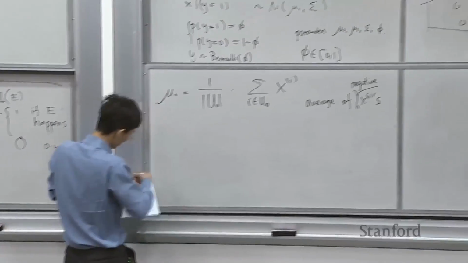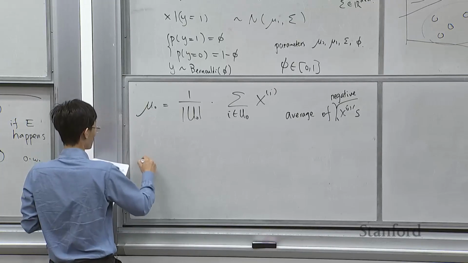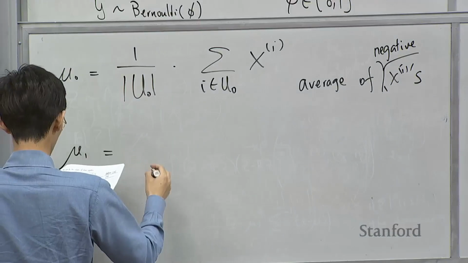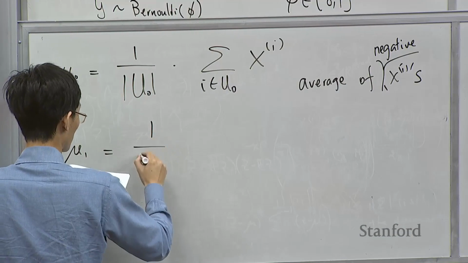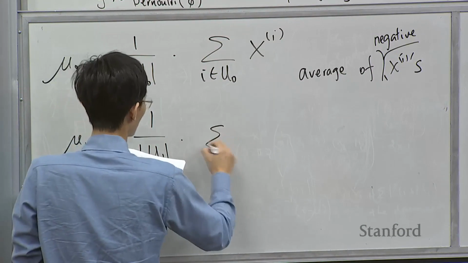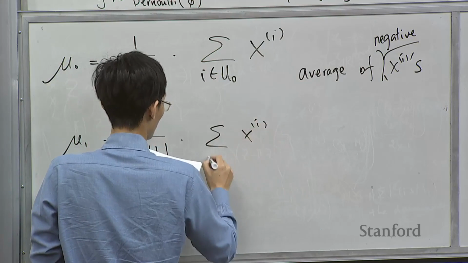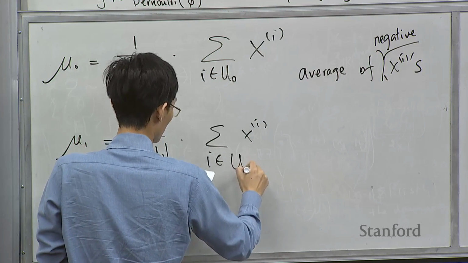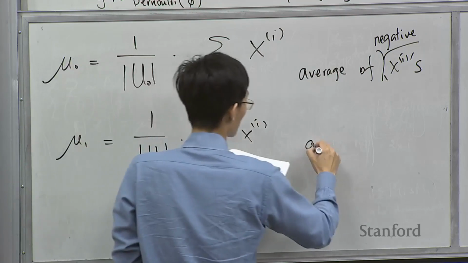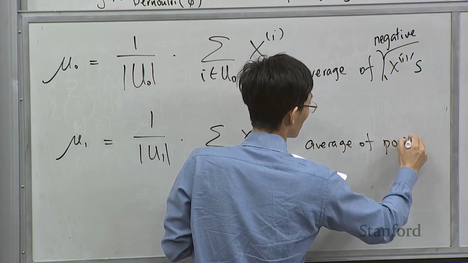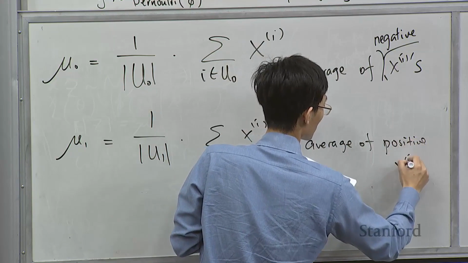And you can guess, because these are symmetric, that mu1 is the same thing. You're going to have 1 over the size of the positive examples times the sum of xi. So this is the average of the positive xi's.